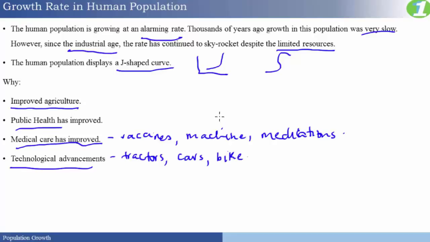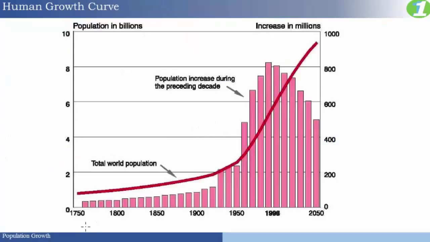Now let's look at the curve itself and how these factors have significantly changed the human population growth rate over the years. In 1750, long before the period of industrialization, the human population was significantly low, right? The y-axis on the left represents the population size in billions. So we have significantly less than 2 billion individuals in the world in the 1750s.